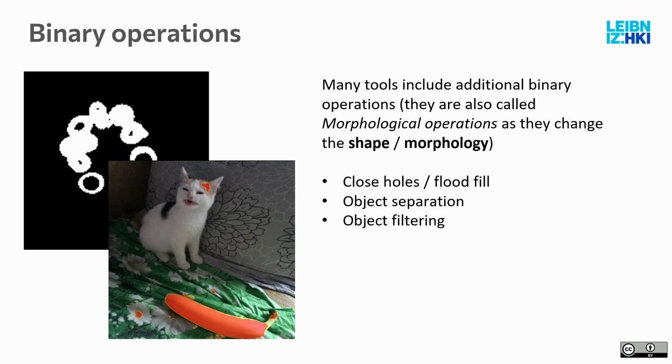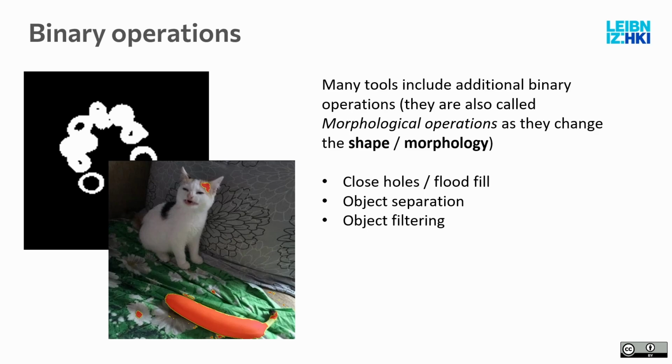Then there are also other binary operations that are not part of this set of morphological operations. They are a very distinct set, but also sometimes called morphological operations because they are changing the shape of the objects. We have a hole closer, but a different kind.